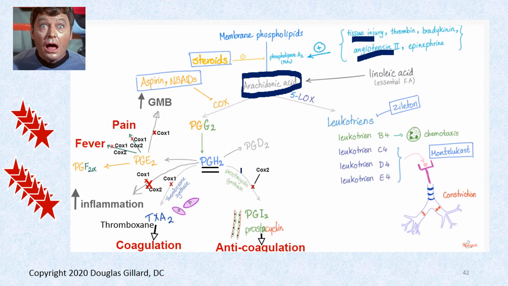It can also go this way. Another enzyme called prostacyclin synthase can act on PGH2 and turn it into PGI2, or prostacyclin, which has anticoagulation properties. Well, that's awesome because we don't want blood clotting. All right, so that's great.